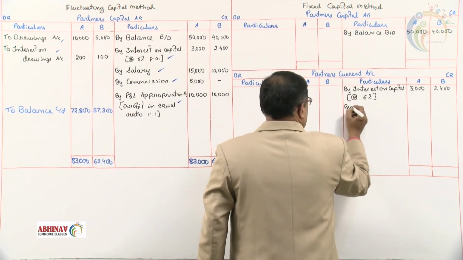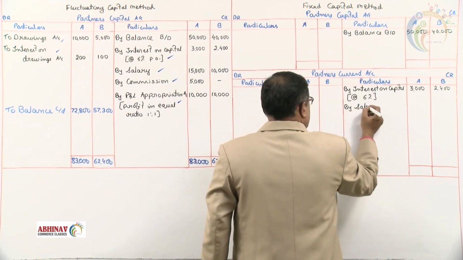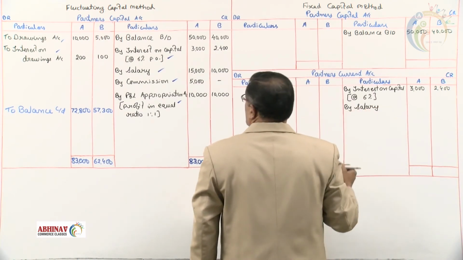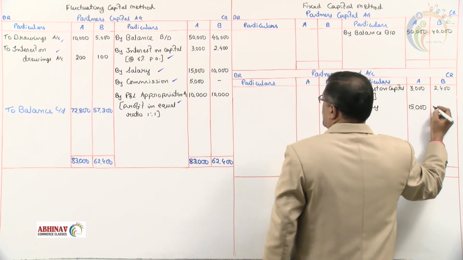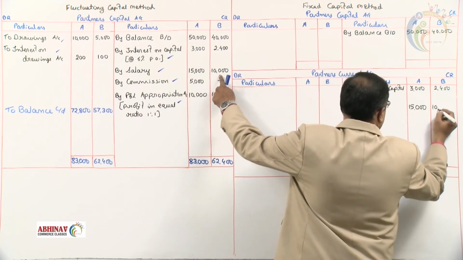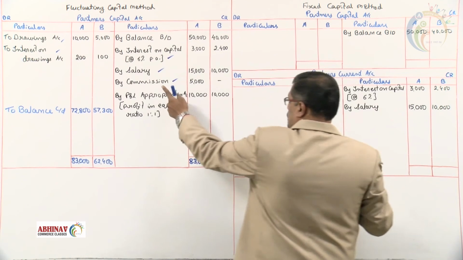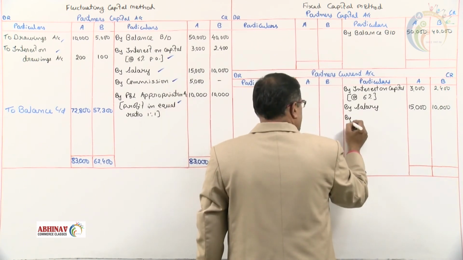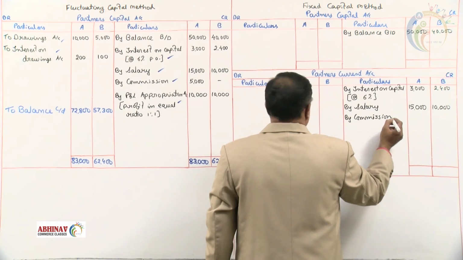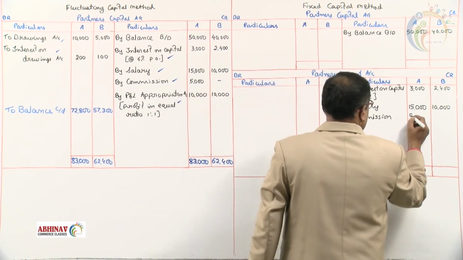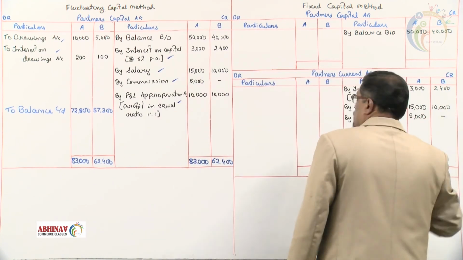Next, partners have received salary. So capital has increased on the credit side, 15,000 and 10,000. A has received commission. Whatever is received from the firm will increase the capital balance here.